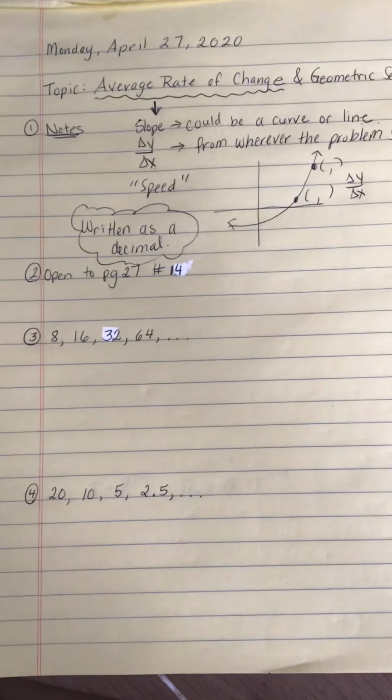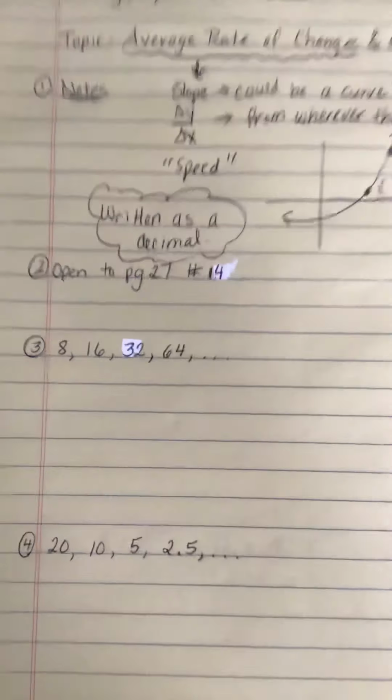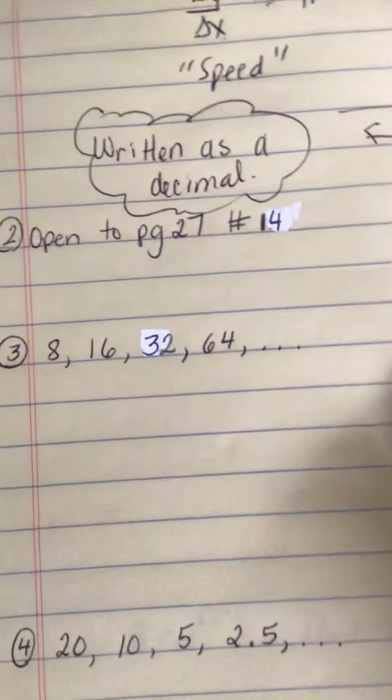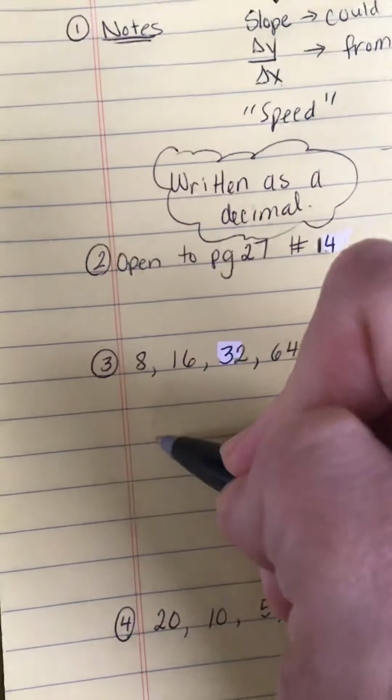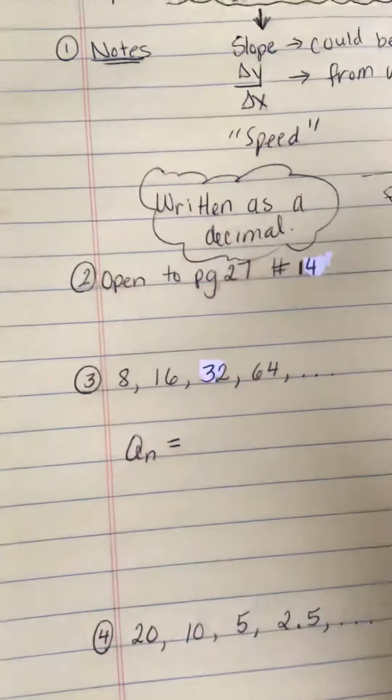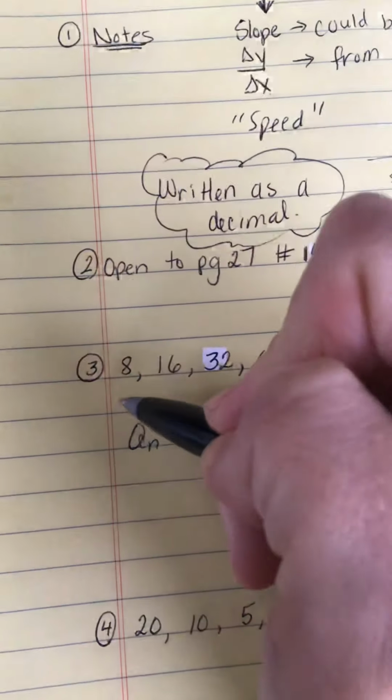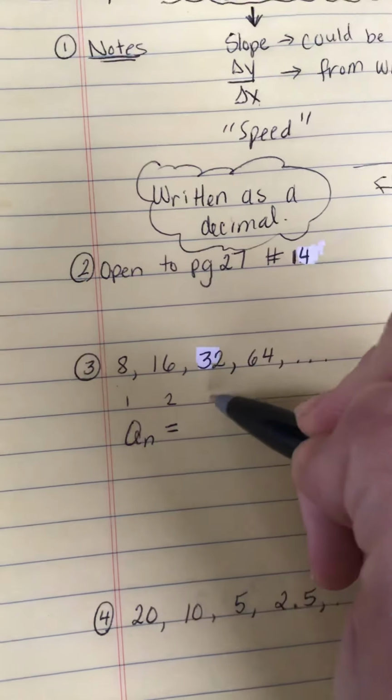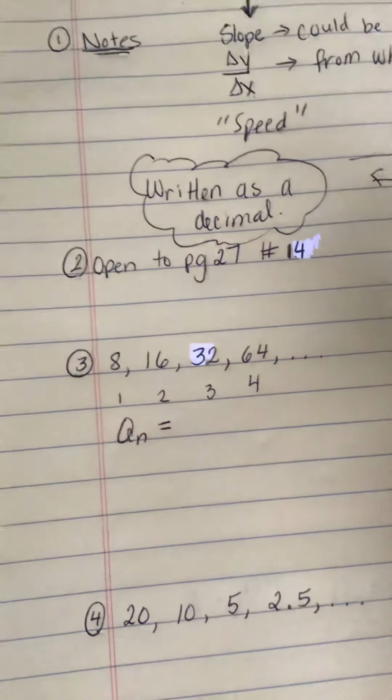Okay. All right, next, write down these two geometric sequences. Pause and do that. Okay, you're back. All right, so let's do the a sub n, and let's find it from what we did last week. All right, so remember, this is your first term, this is your second term, third term, fourth term.